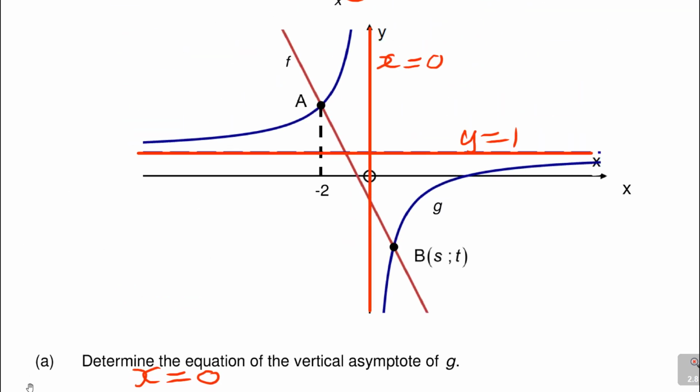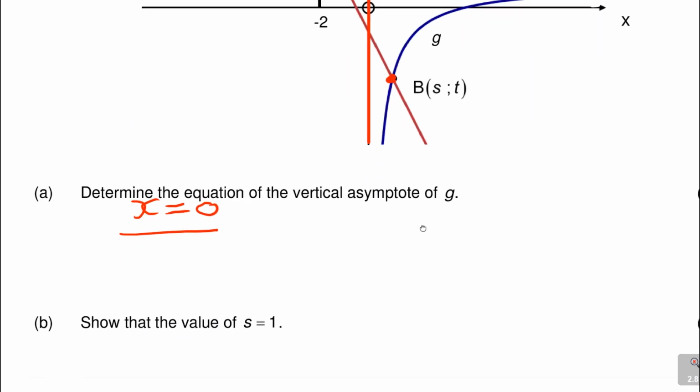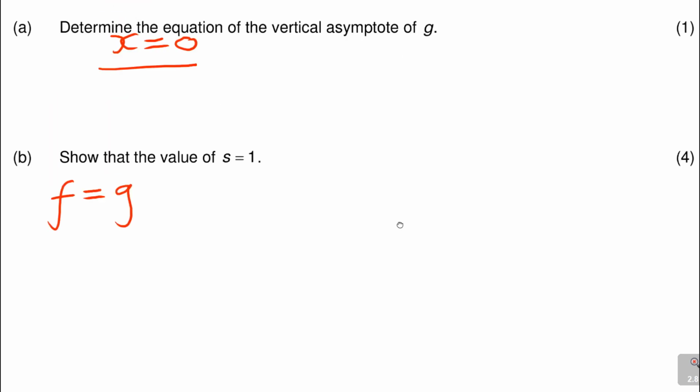But look, something is interesting between A and B. These two graphs are meeting each other. Do you see that they are crossing each other? Whenever graphs are crossing each other, and we have the graph of f and g, it means the graph of f is equal to the graph of g. Now, what is the graph of f?